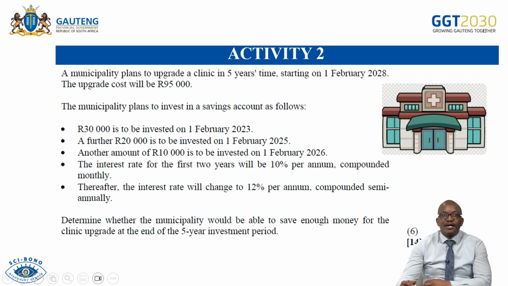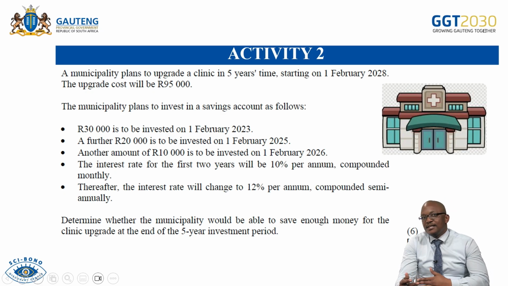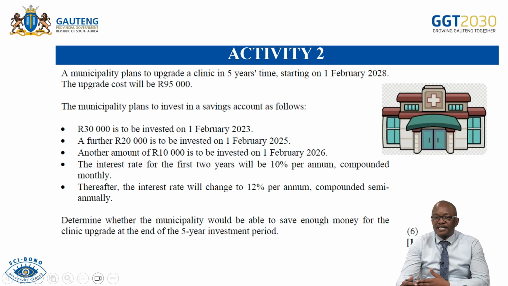Here we are talking about a municipality that plans to upgrade their clinic in 5 years' time. Then they will start upgrading their clinic in 2028. Correct? And the upgrade will cost 95,000.